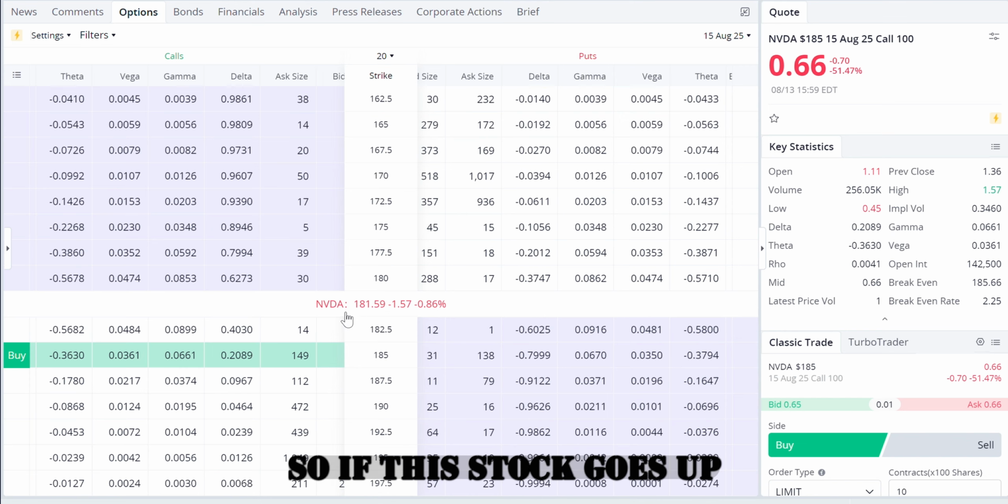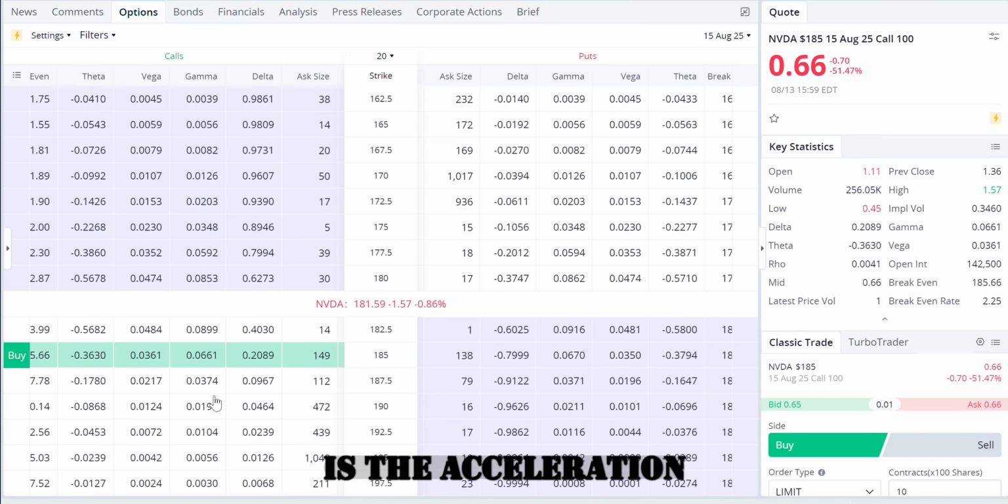So if this stock goes up and my contract is a call, I want my contract profits to move up as close as possible with the stock price movement. 0.30 or more is great. Anything under 0.30 is slow movement. So the stock price has to move double or more for your contract profits to move up, and we don't like that.